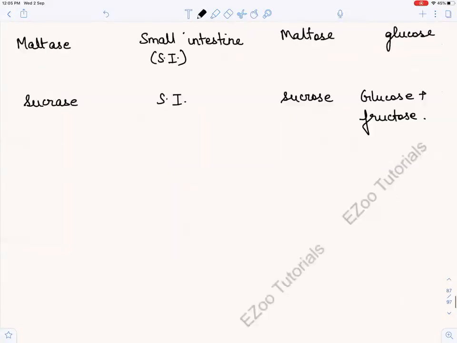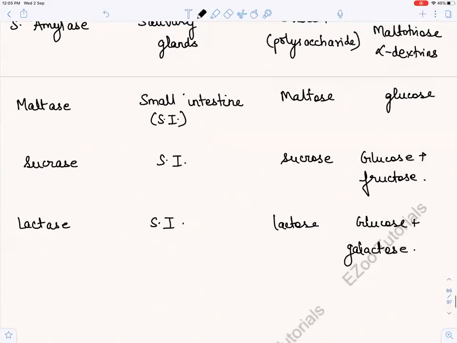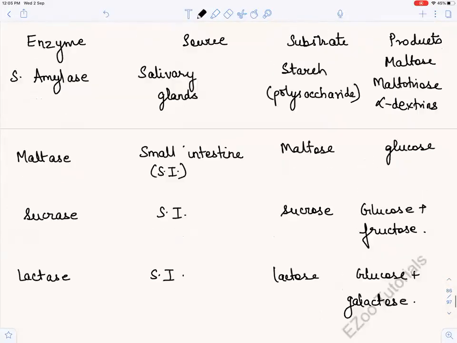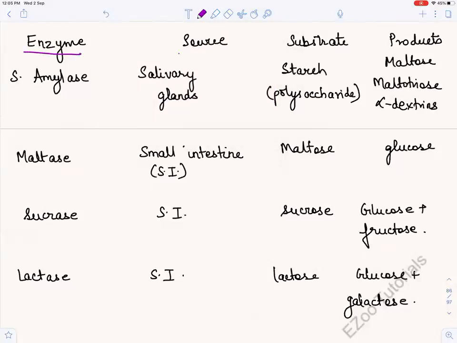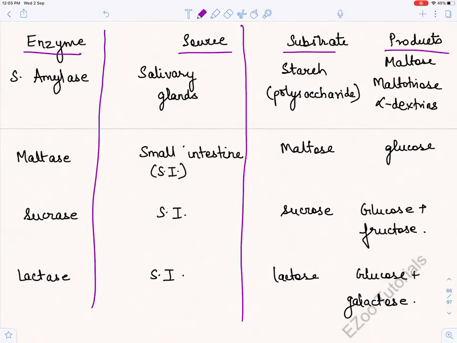Then lactase: the source is the small intestine, it acts on lactose, and the products are glucose plus galactose. You know why I'm giving you this? Because when we do absorption, you should know all these end products and how they are getting absorbed. So: enzyme, source, substrate, and products.